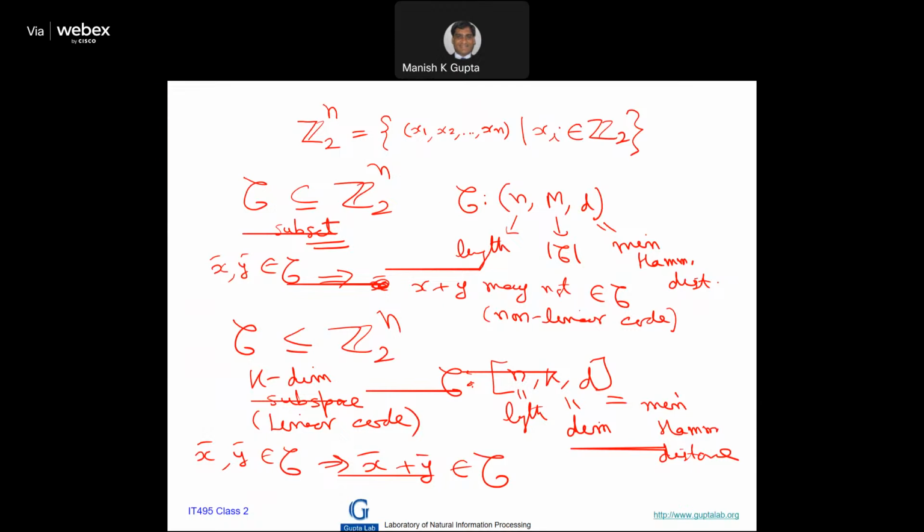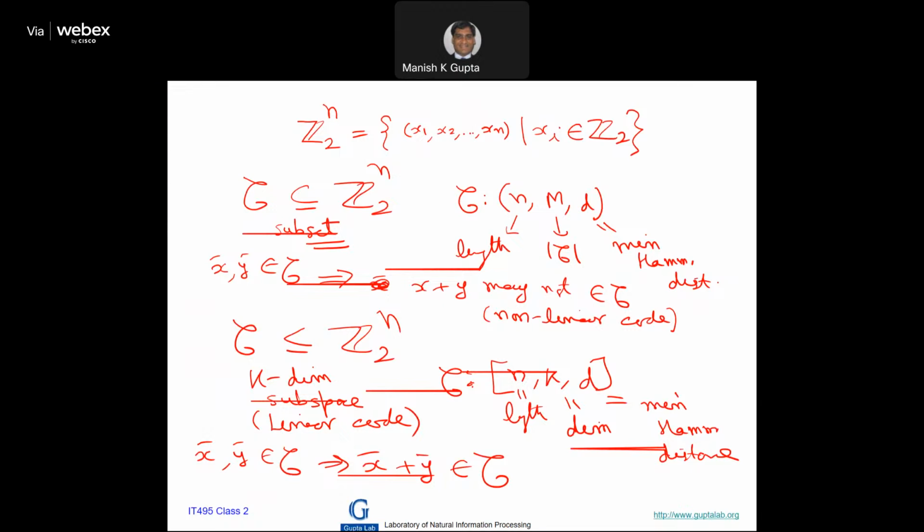This kind of arrangement is known as a non-linear code. If it turns out that if I take any 2 vectors x and y in C and their sum is also in C, then it is actually a linear code. And in fact, in that case, C is nothing but a k-dimensional subspace of Z2^n. Z2^n is an n-dimensional vector space, and C is a k-dimensional subspace of it.